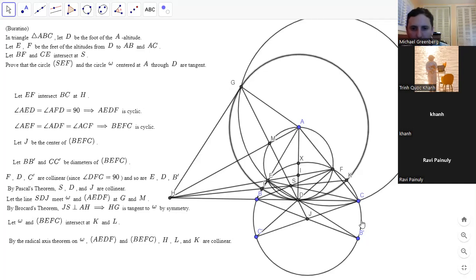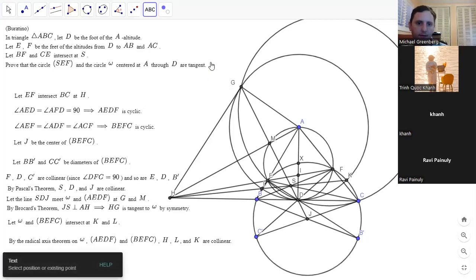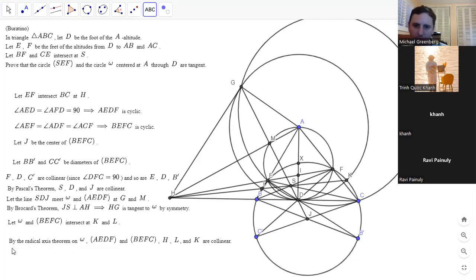So A lies on the polar of S with respect to this circle, because DS times DM is DA squared. Is that right?